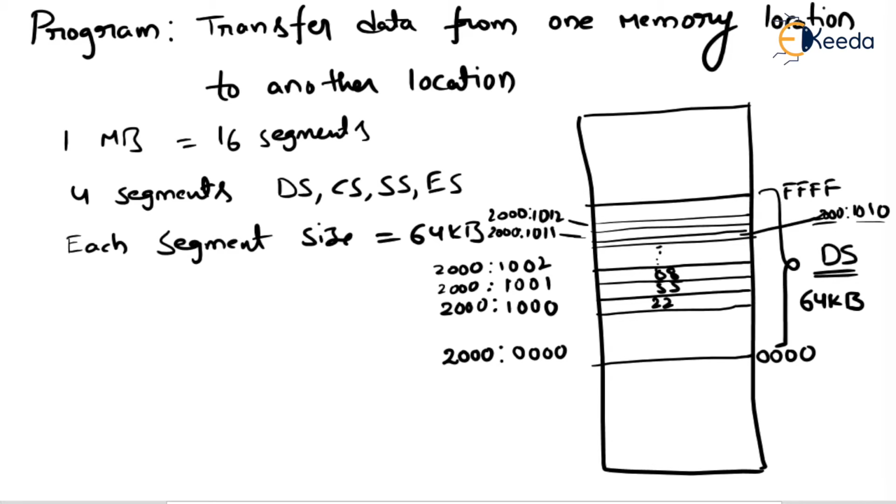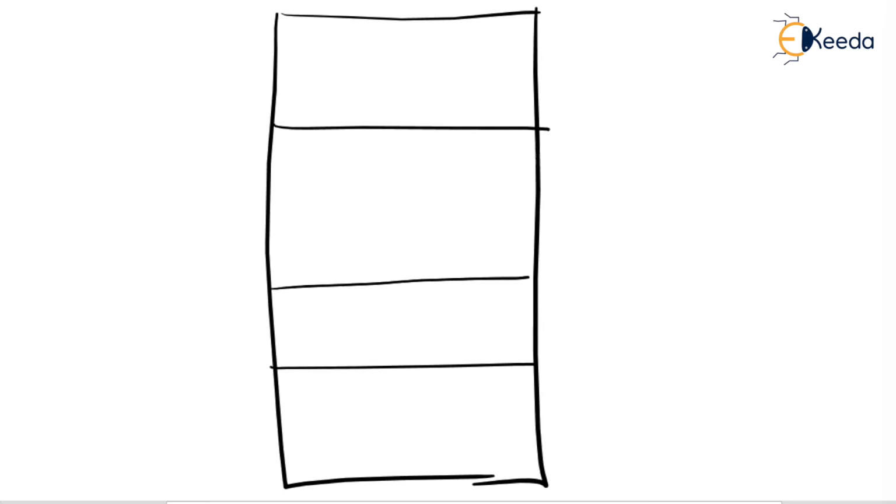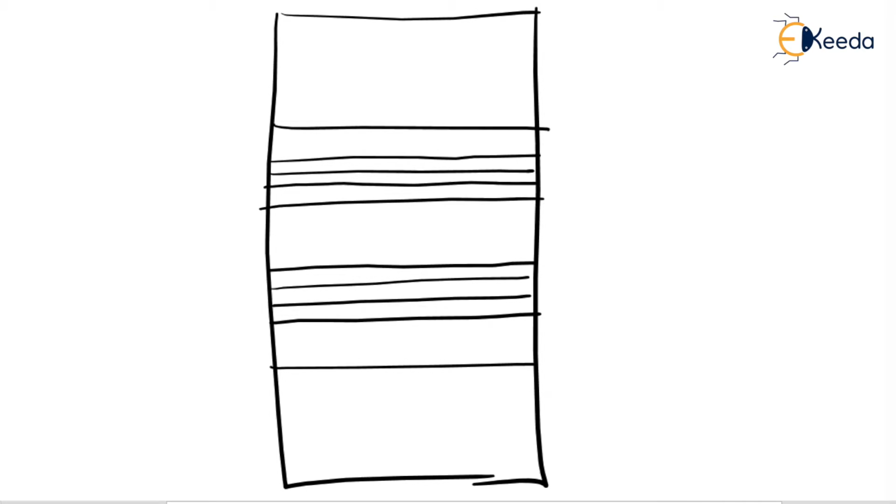Now my program is to transfer this data. I will explain clearly here. Let us consider this is the data segment, and there are 3 locations. What is the data segment value here? 2000. The offset address is 0000.